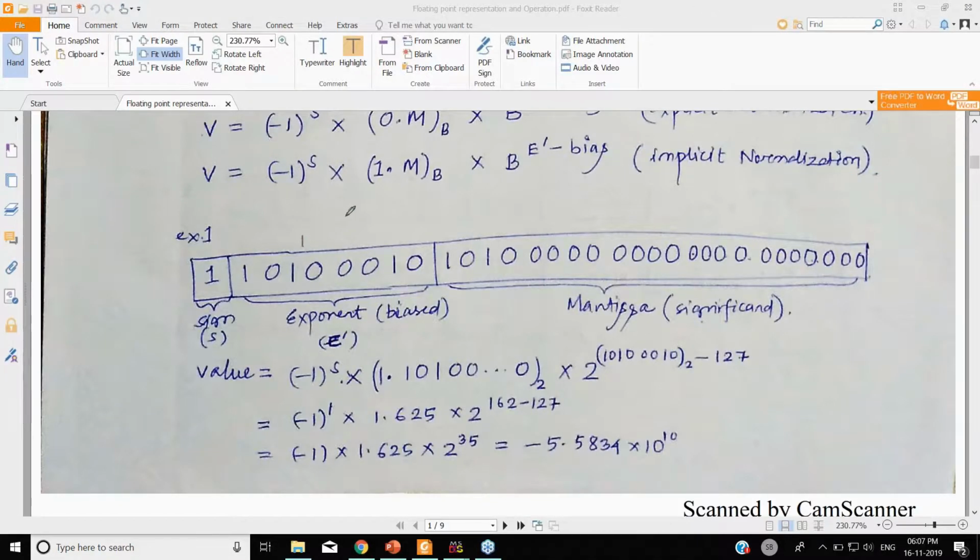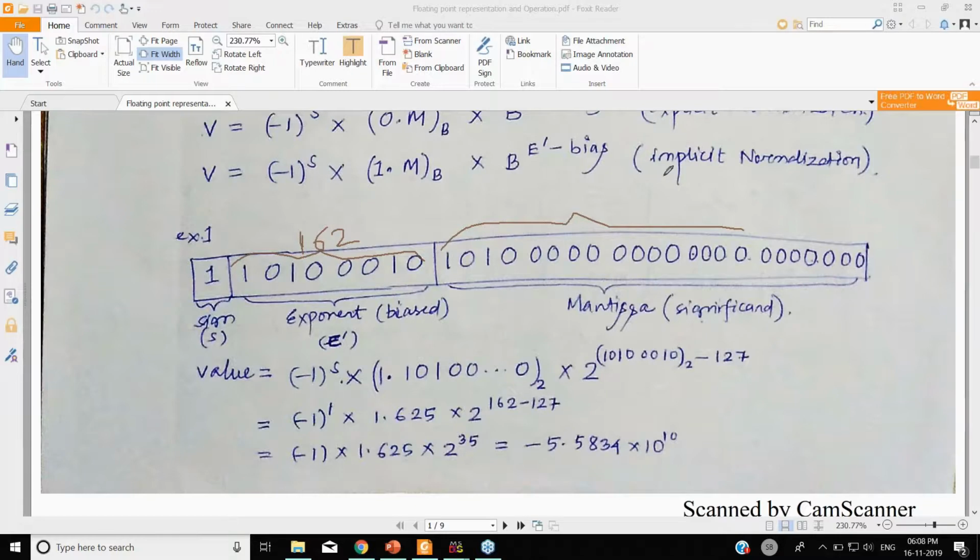If you find its binary equivalent, the value is actually 162. And the mantissa is 0.101. So let us read its value. According to our system, we consider it in implicit format, as it is in practice.